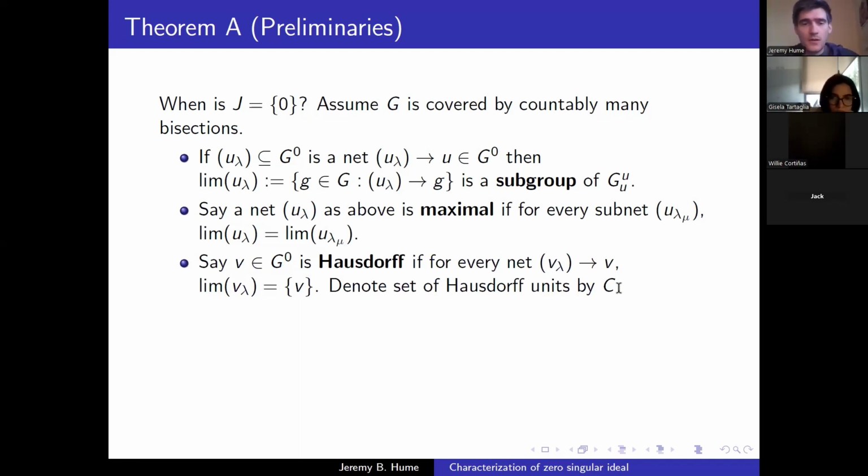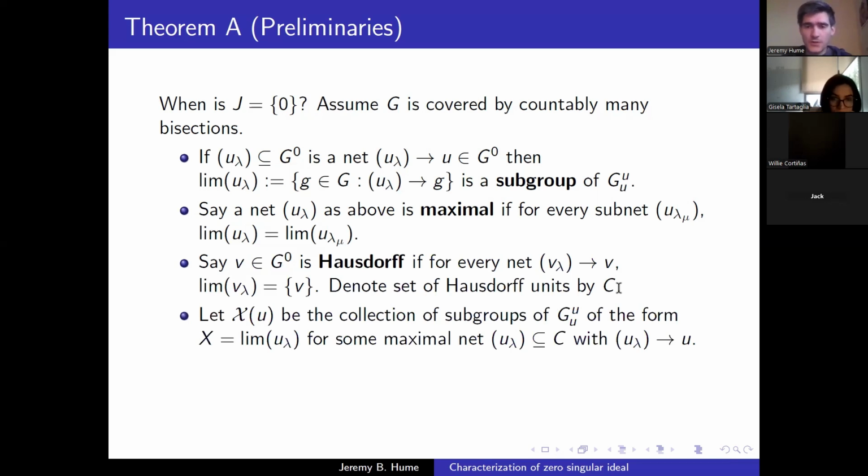Now, we want to build a collection of subgroups of the isotropy group. And this is denoted curly X of u. It's the collection of subgroups which are of the form X, which is a limit set of some maximal net u lambda, which consists entirely of Hausdorff units, and with the net converging to the specific unit u.